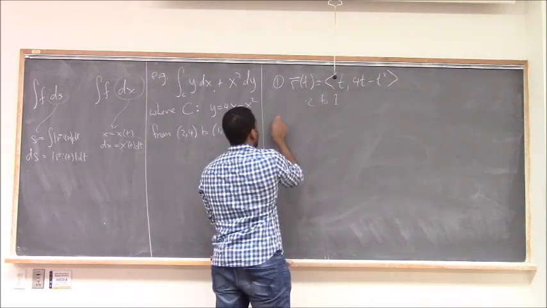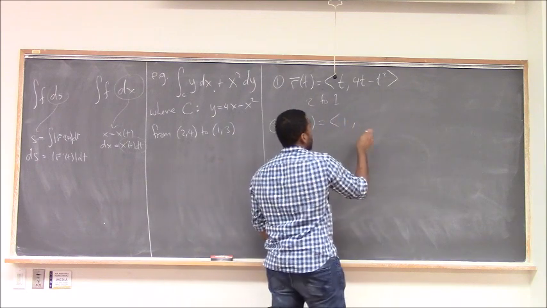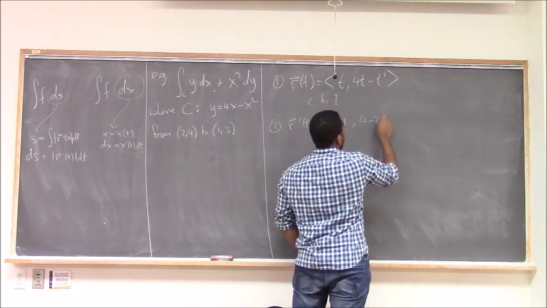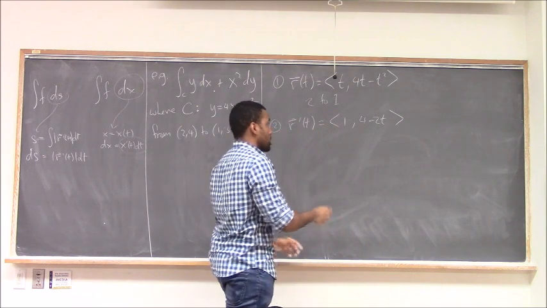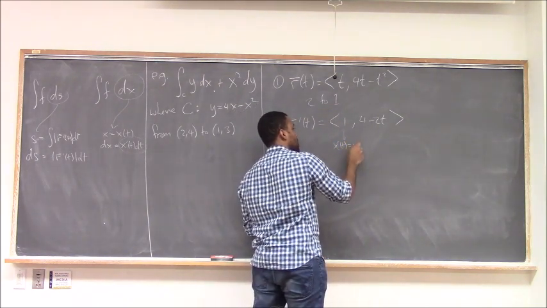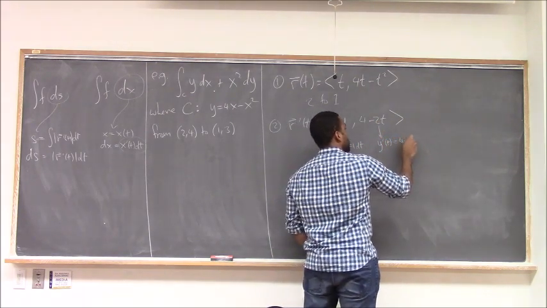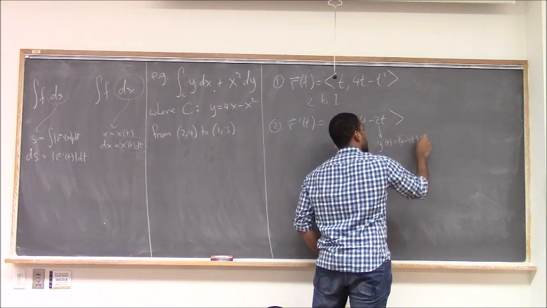Okay, so now our r prime is going to be 1 comma 4 minus 2t. What I want you to take from that is that this guy means your x prime is 1 dt. This guy means your y prime is 4 minus 2t dt.